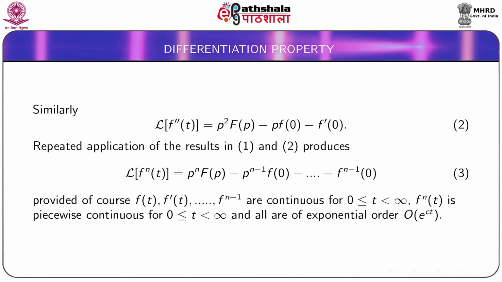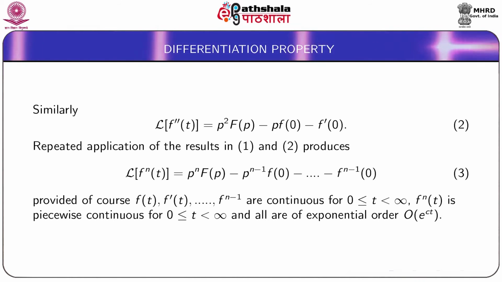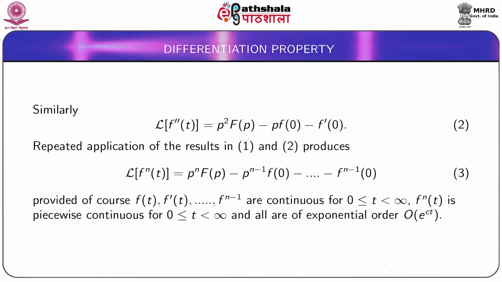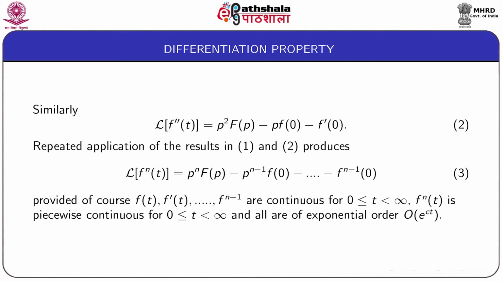Continuing in this way, this ends at minus f^(n minus 1) at 0, as given by equation 3, provided the first derivative, second derivative, etc. up to the nth derivative are continuous in the interval 0 to infinity, and the nth derivative, that is f^(n)(t), is piecewise continuous for 0 less than equal to t less than infinity, and all are of exponential order e to the power ct.